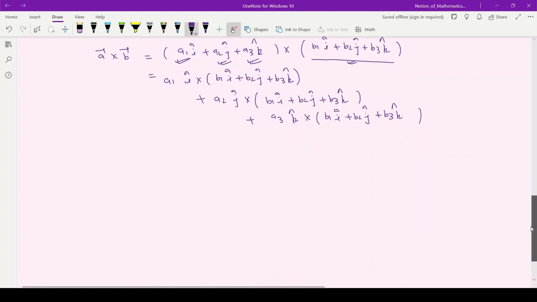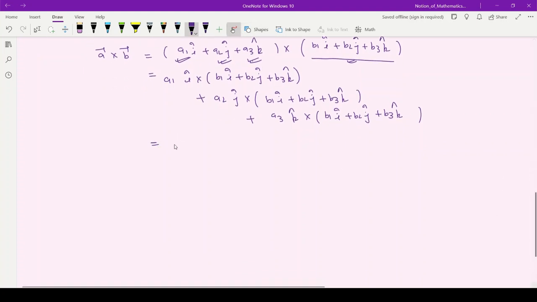Now I may expand these terms separately, that is A1 B1 I cross I plus A1 B2 I cross J plus A1 B3 I cross K. This is from the first term.